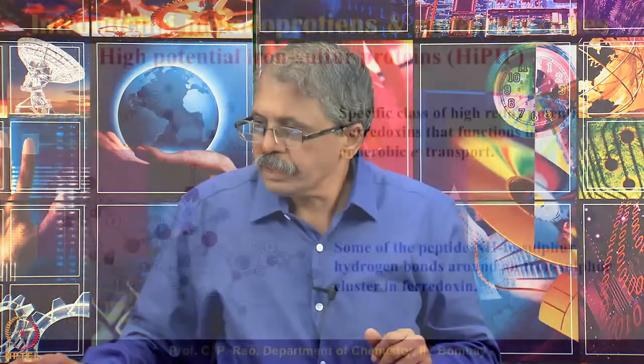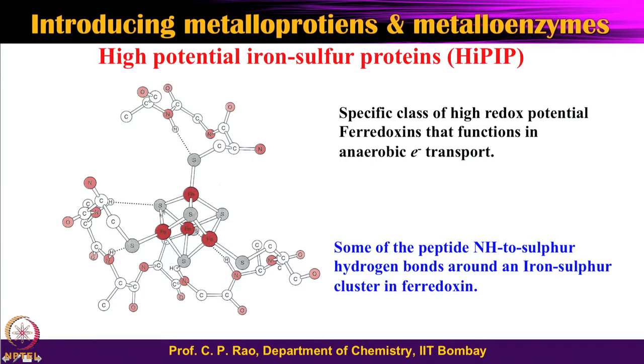Okay, so having seen this, we talked about the iron sulfur proteins which have a negative redox potential, and high potential proteins having a positive potential, around 400, 360. Why do these have the positive redox potential? See the example here, this iron sulfur protein and the protein surrounding it.